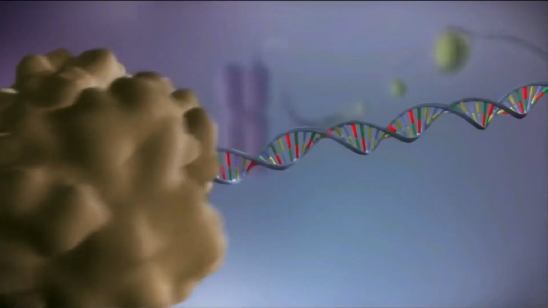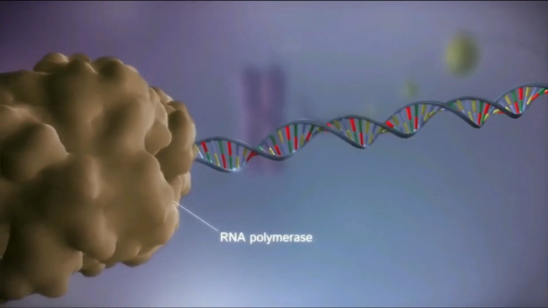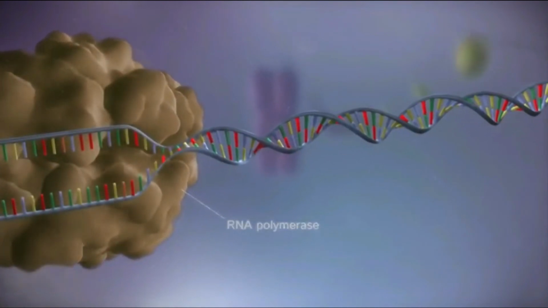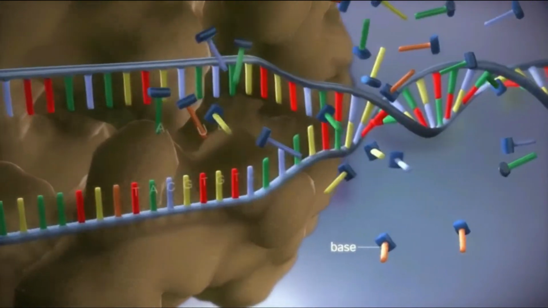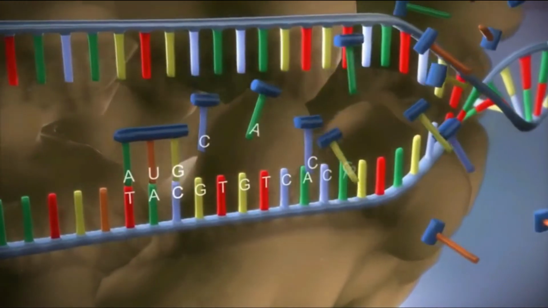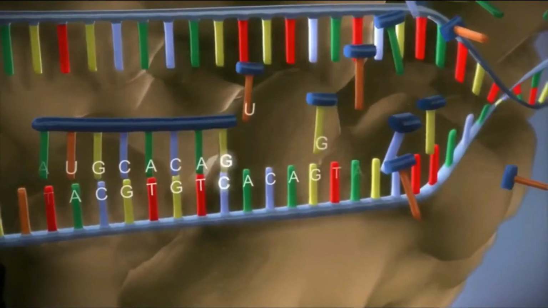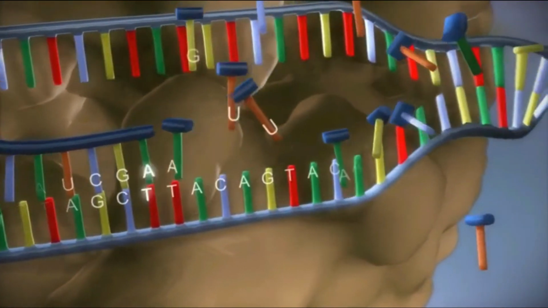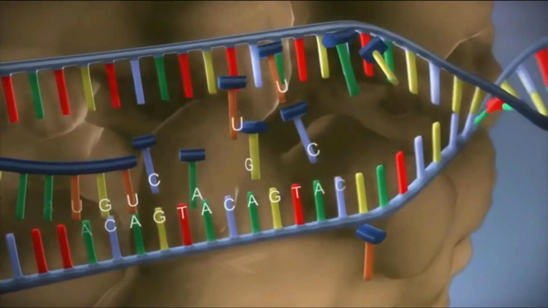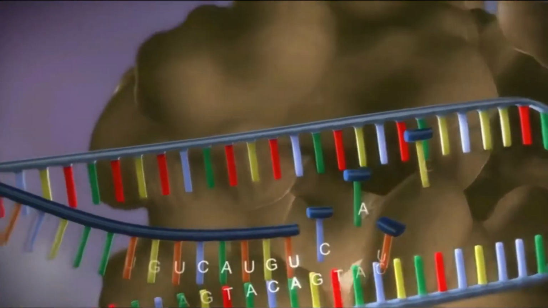When a gene is switched on, an enzyme called RNA polymerase binds to the gene and starts synthesizing the mRNA molecules. These bases are taken up from the nucleotide pool present in the nucleus. All the complementary strands are added and the mRNA is synthesized.